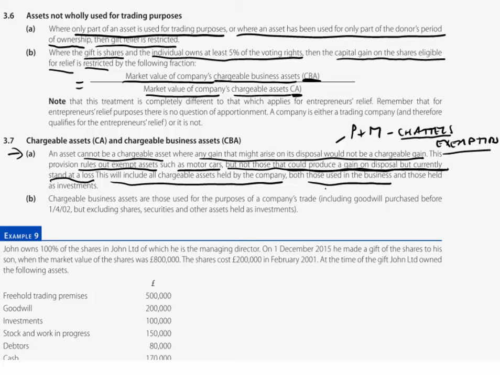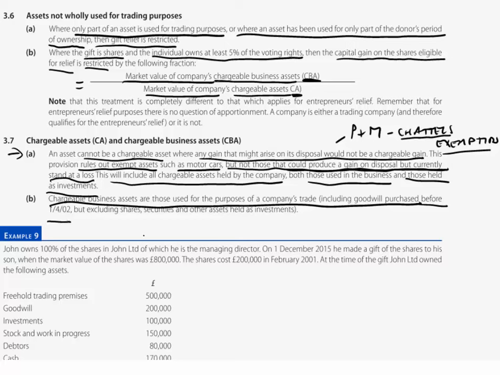But we also include as chargeable assets those held as investments. So you might have an investment property, for example, or shares in other companies that are held as investments. Those are all chargeable assets, but they're not business assets. The chargeable business assets are those used for the purpose of the company's trade, including, as we say, the goodwill, where that's been purchased before the 1st of April 02.